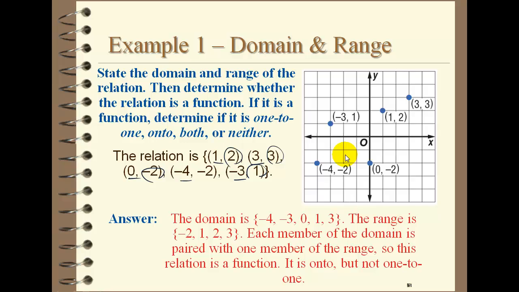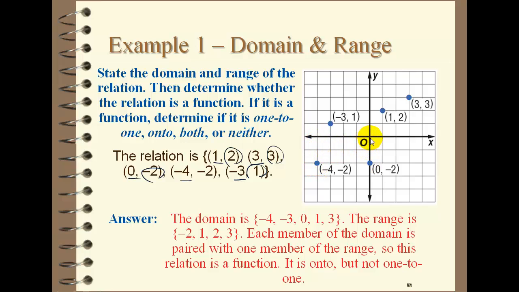Then we want to see if it's a one-to-one or an onto function. What I would first do is look and see if it's one-to-one. You look at the x's and you notice when x is 0 you have negative 2 for y, but also when x is negative 4 you have negative 2 for y.